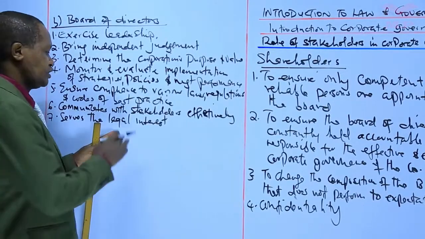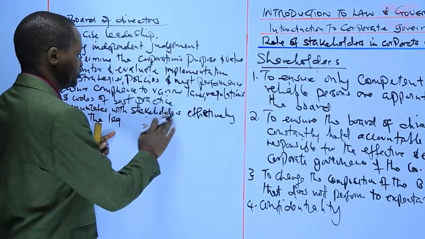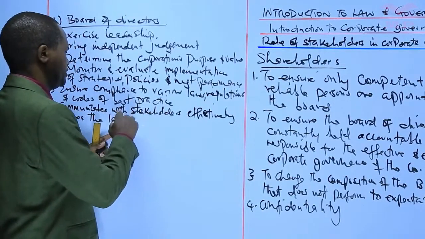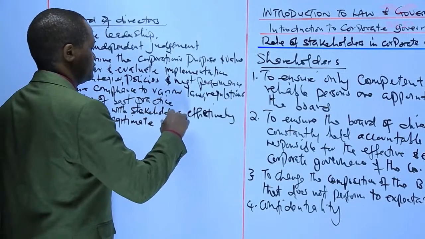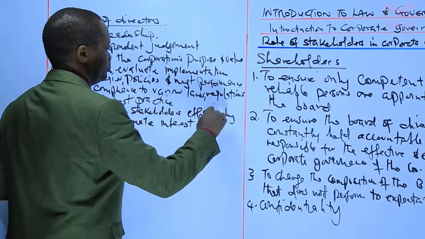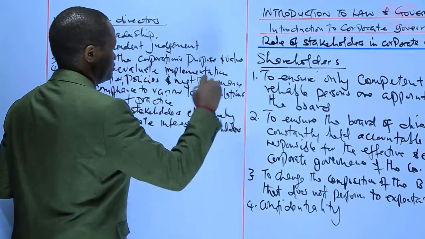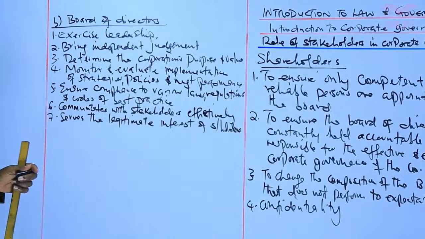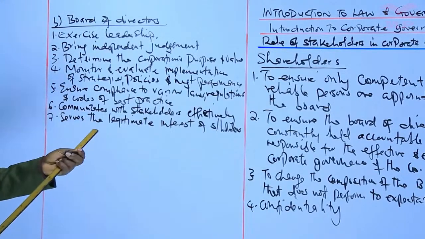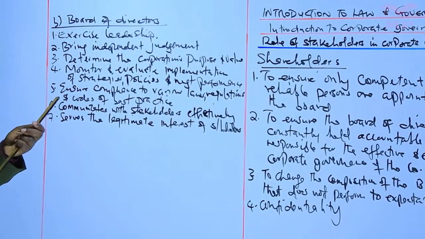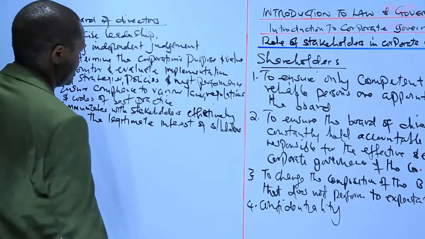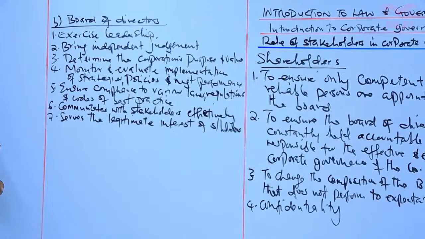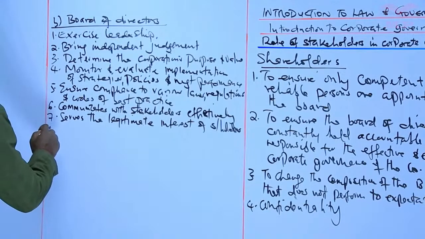Let me use the word legitimate, to serve the legitimate interest of the shareholders. They have a role to do what? To serve the legitimate interest of the shareholders. So these are seven roles. Let me add another one, 8.